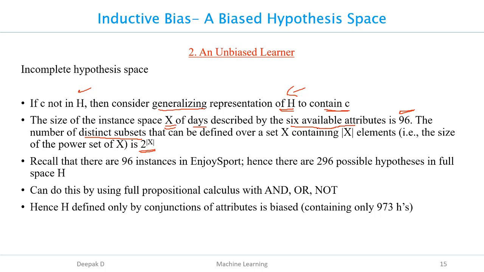So you can recall that there are 96 instances in EnjoySport, hence there can be 2^96 possible hypotheses in the full space of H. So this can be done by using a full propositional calculus with and, or, and not. Hence H defined only by the conjunction of attributes is biased.